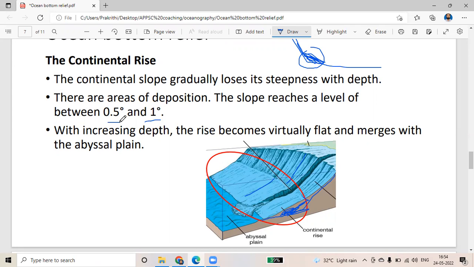So that area where the continental slope lost its steepness, and from there is a slight rise in the area.